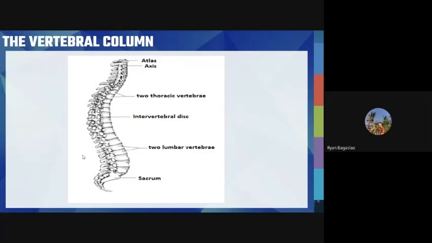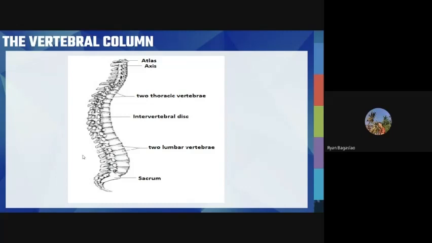The first seven are called the cervical vertebrae, and at the topmost location, C1 is also called the atlas, and just below the first cervical vertebra is the cervical vertebra called the axis.